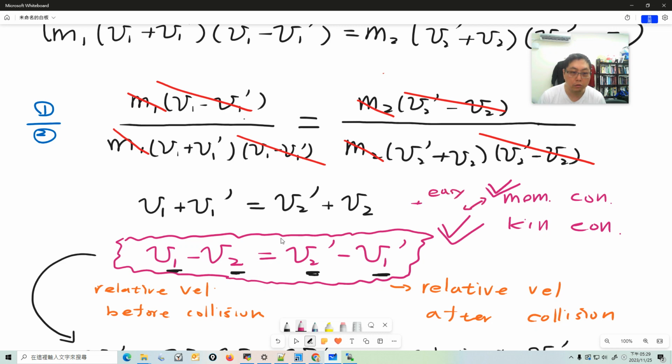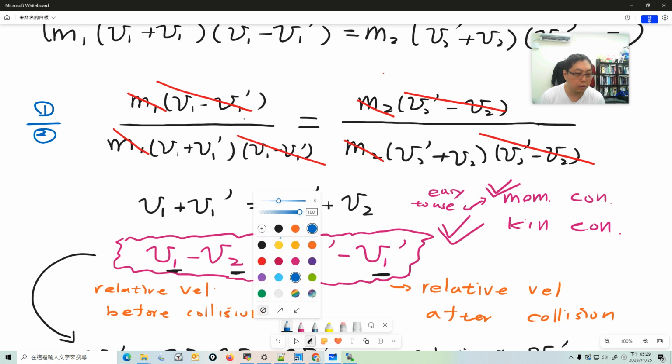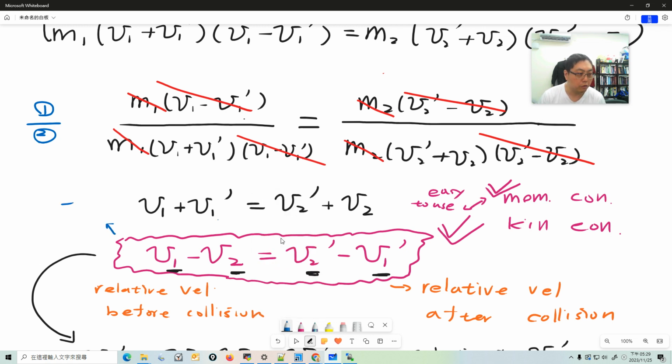Because when you look at this feature equation, it's a first order equation, and momentum conservation is also first order. Since these two equations are both first order, they are much easier to solve.